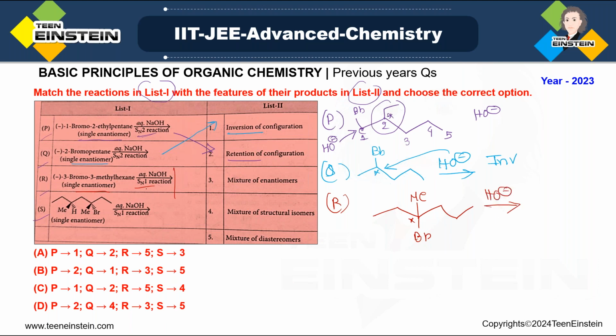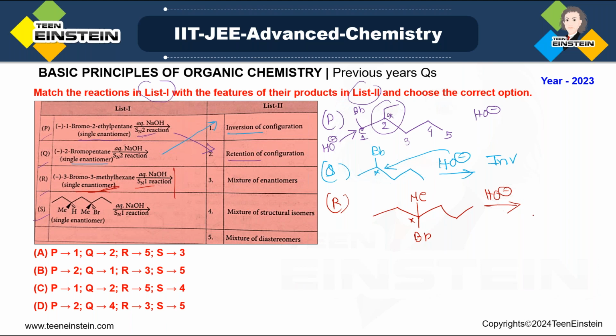we know in case of SN1, whatever initial configuration we have, suppose you have this enantiomer as R form or S form, these are the two possibilities. When you are starting with R, then you will get some racemic mixture. When you are starting from S, then also you will get some racemic mixture, because the attack of HO minus is from both sides of the carbocation.